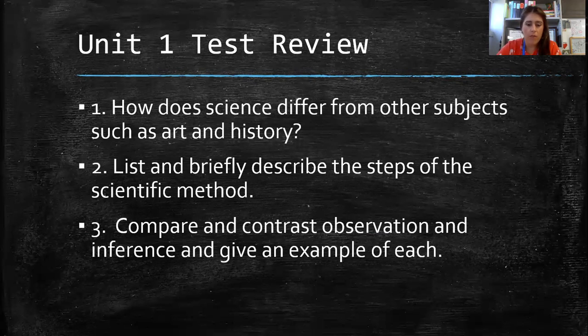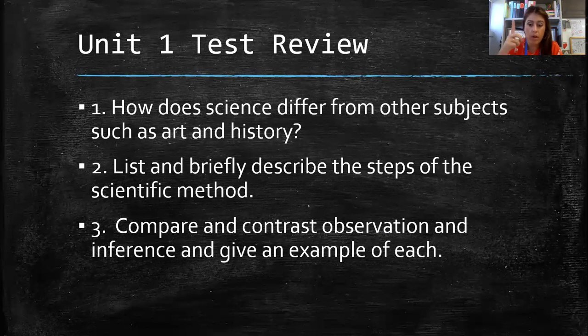But from there, the very first step in the scientific method is to ask a question. From that question, we then conduct research using scientific journals. Then we develop a hypothesis. A hypothesis is an if, then, because statement, and it's testable, and it generally predicts what's going to happen in the experiment, and it helps to answer the question that you set first.